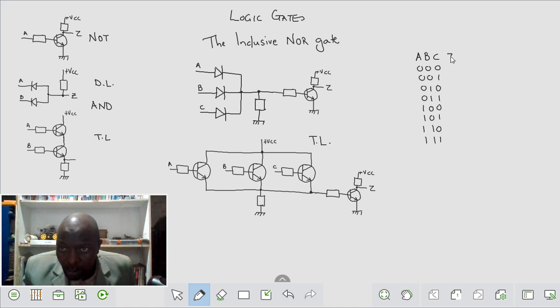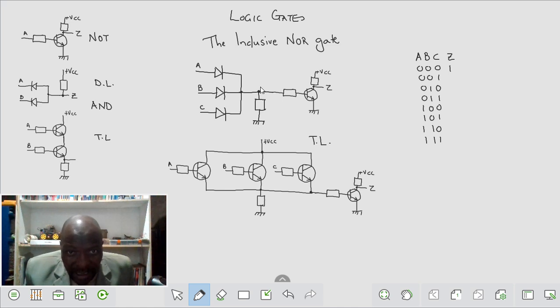Now our output here, previously our gate only ended there, and if we had 0, 0, 0, there was nothing that was going to give us an output here. But this time, our 0 here would be changed to a 1. But we saw that every time we had a 1 here anyway, that 1 will turn its diode on, and that diode will allow current to come through, giving us an output here.